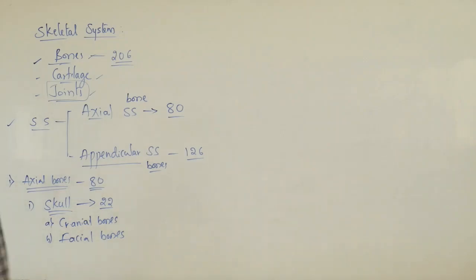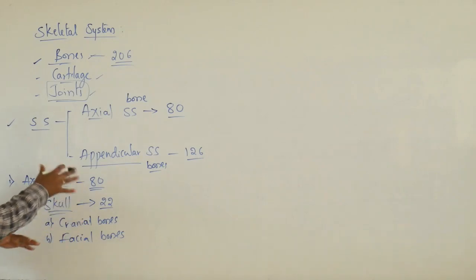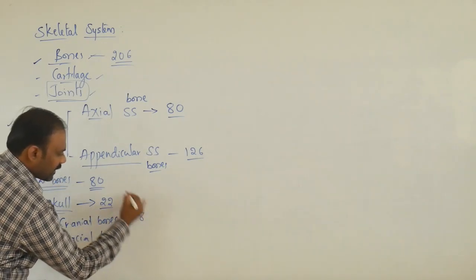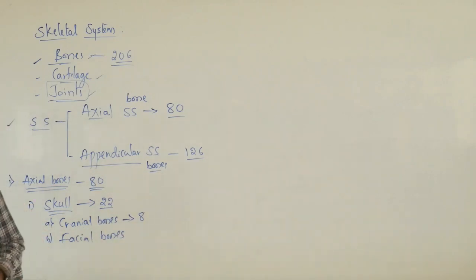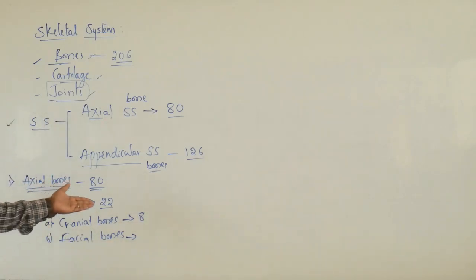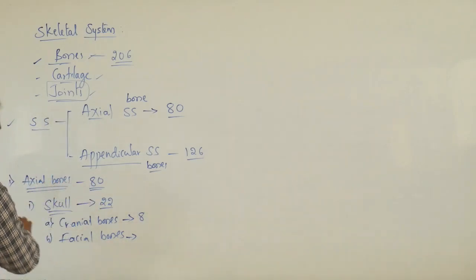These two come under the skull. In this, the cranial bones are 8 in number, and the facial bones are remaining, how much? 22 minus 8, how much?